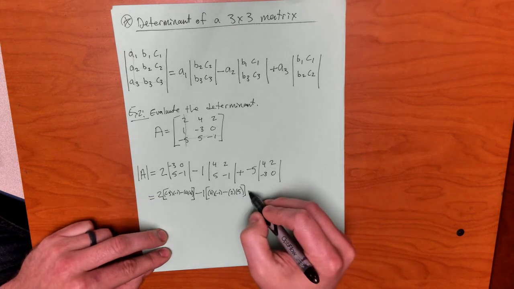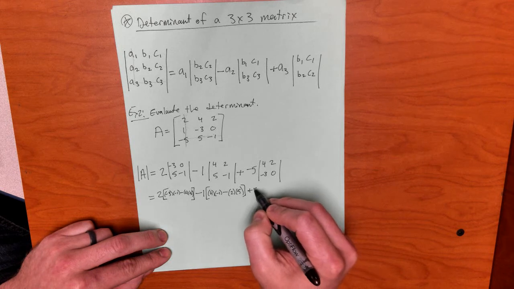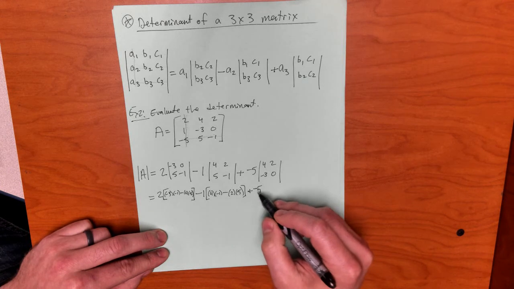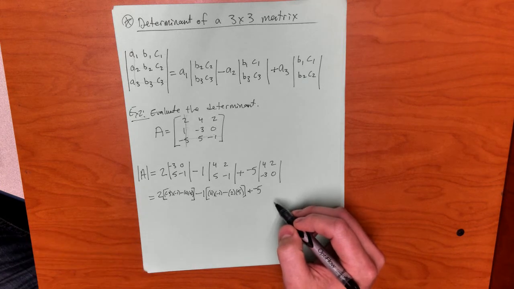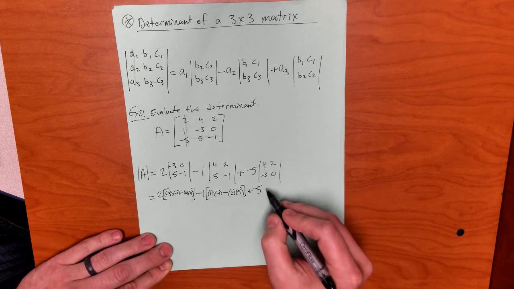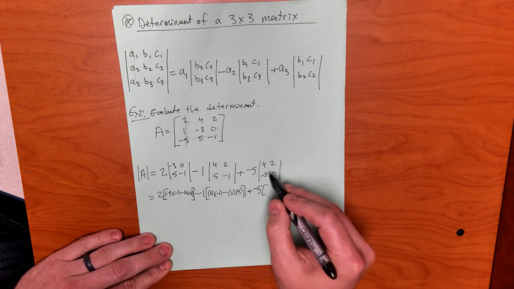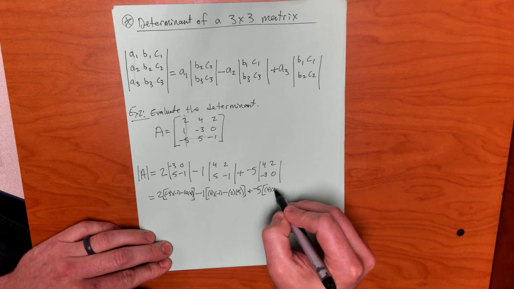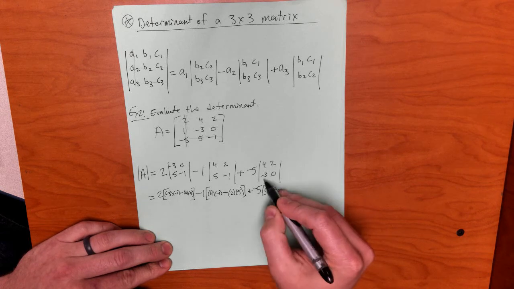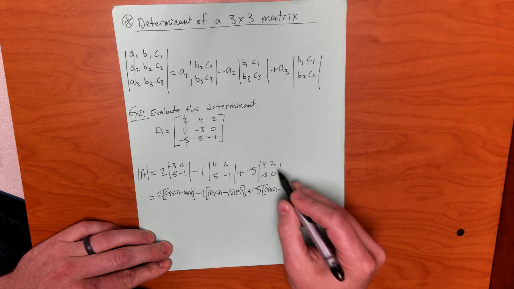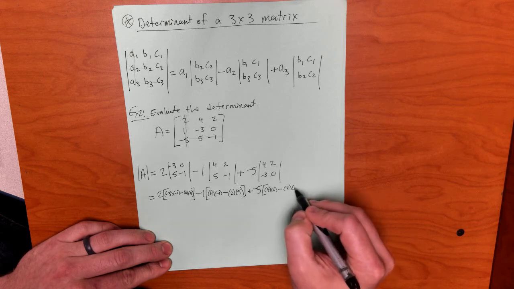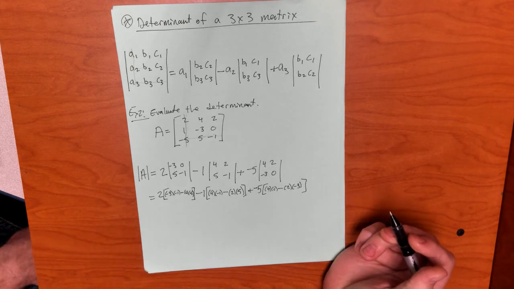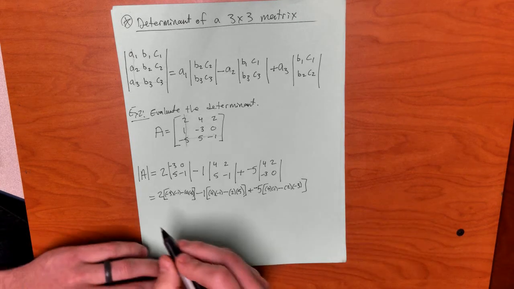This plus times negative 5. We could rewrite that as minus 5, but I'm going to leave it like this just so we can see everything going on. And now we do the determinant of this subset here. We do the diagonals, 4 times 0 minus negative 2 times negative 3. And from here, it's just multiplying and adding, and addition and subtraction.